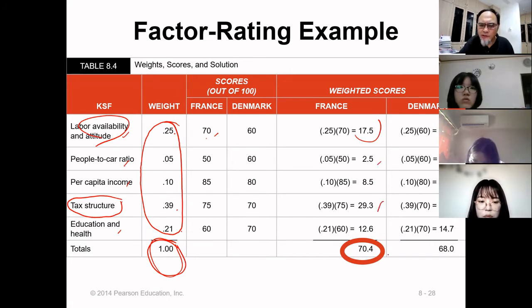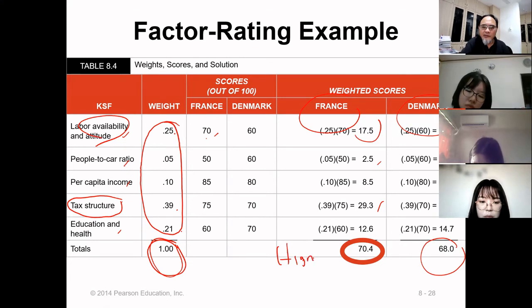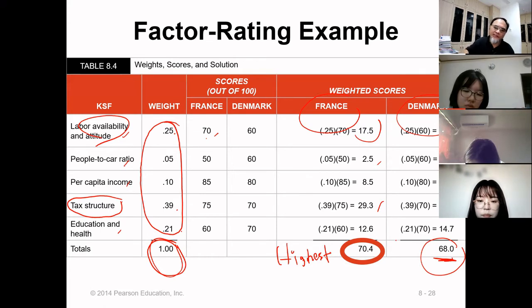Then you give the total, for France and for Denmark. The decision is based on the highest. Since 70.4 is greater than 68, France is selected.